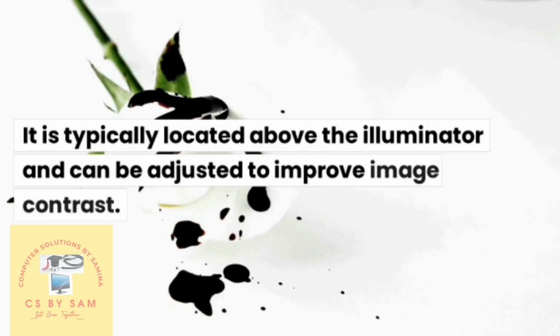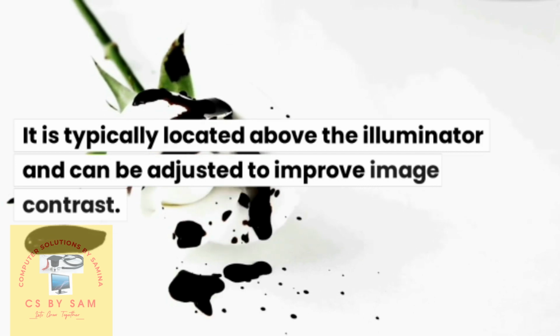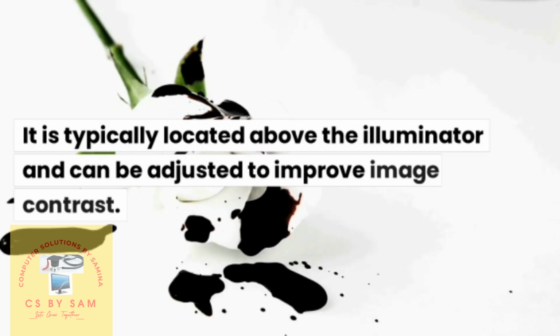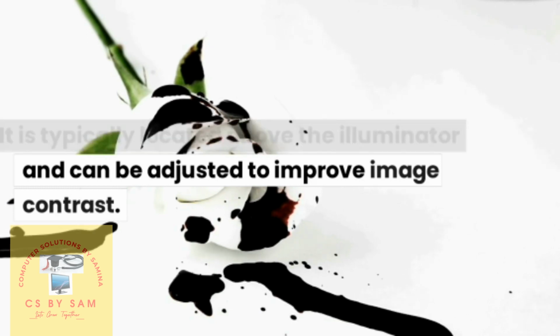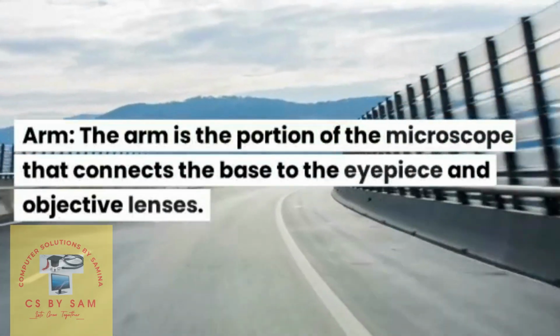The diaphragm is typically located above the illuminator and can be adjusted to improve the contrast of the image. Sometimes we need a low level of light to see the objective, and at other times we require a high intensity of light for this purpose.